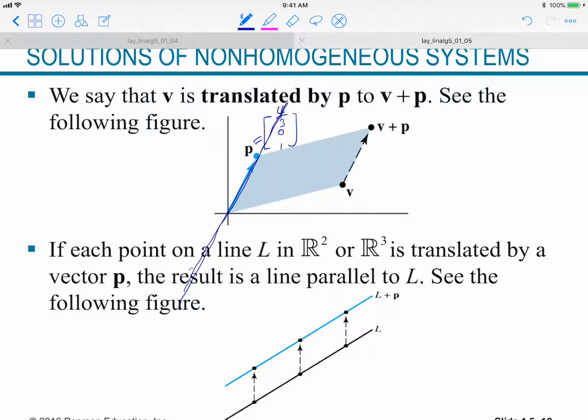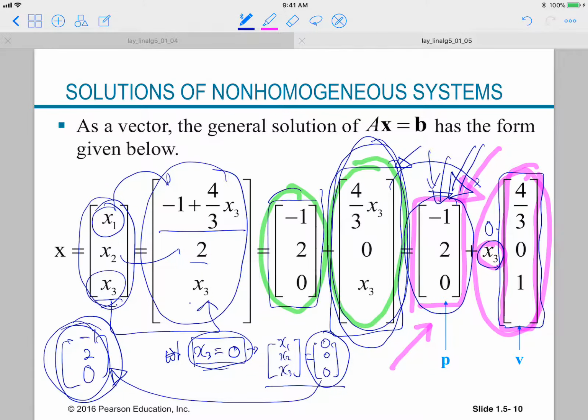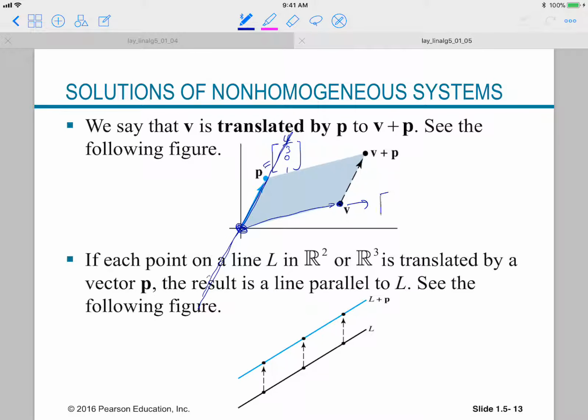But in our new linear system, where we had a non-zero b, the origin is moved to a new vector, (-1, 2, 0). The line passes through this point, but it will still be parallel, because we are adding x3 times the same directional vector, right?